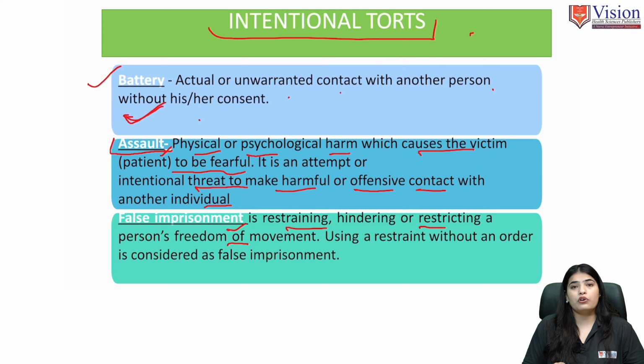You cannot restrain a person without proper consent or without a proper order from the physician for the restraint. And if someone is doing that, that is considered as intentional tort.